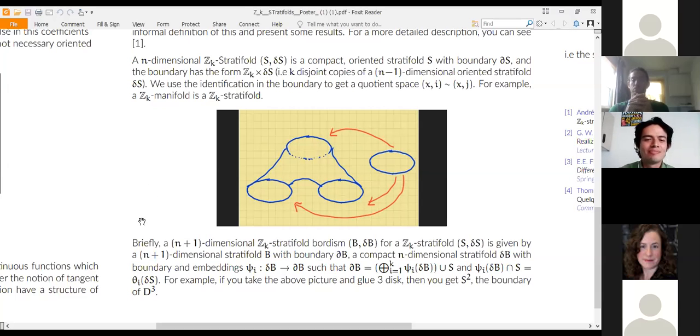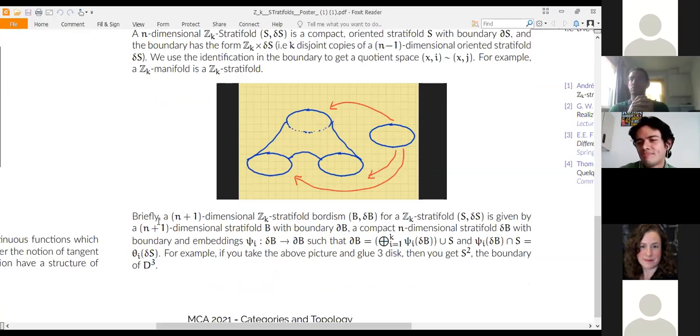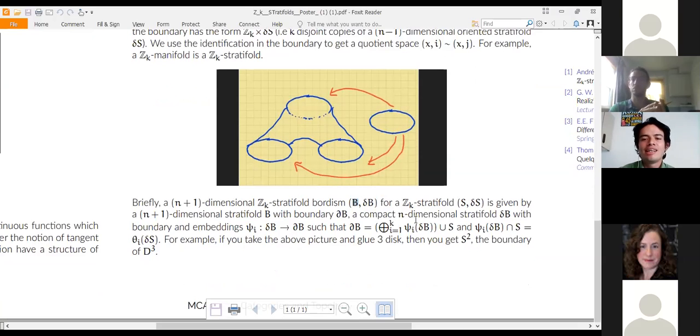And you can read here the definition, but briefly, a CK stratifold bordism is a stratifold B with boundary, and the idea is that the boundary of this object can be decomposed in this way. It's just like the boundary of B are CK stratifolds and K copies of the same stratifold with boundary.